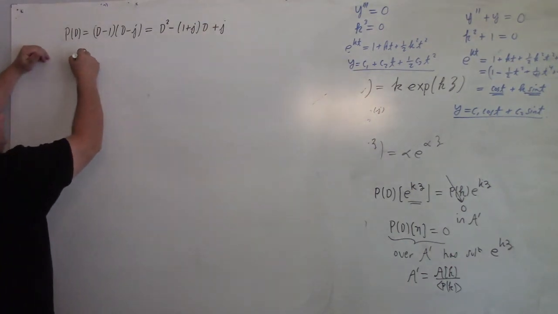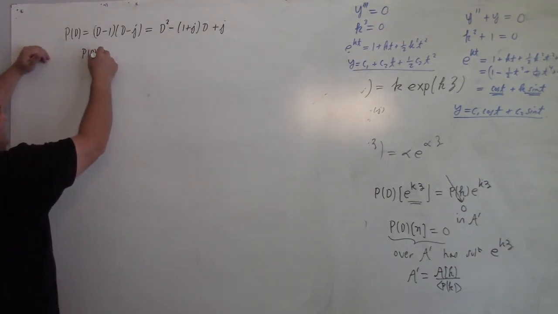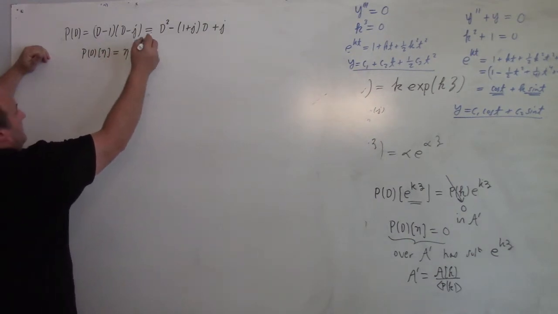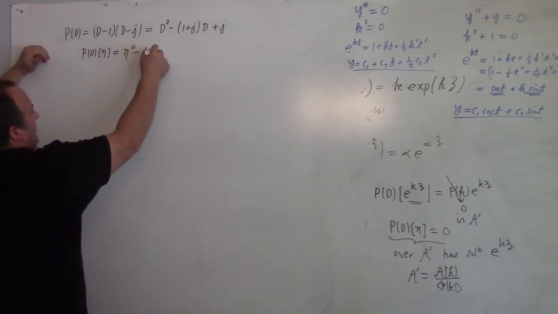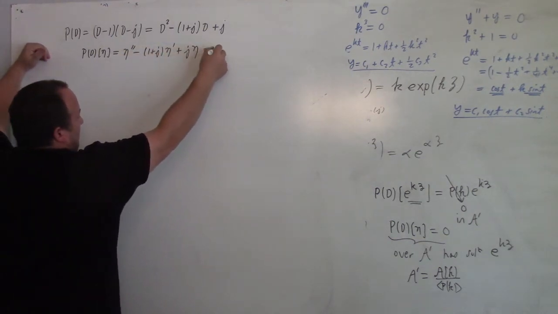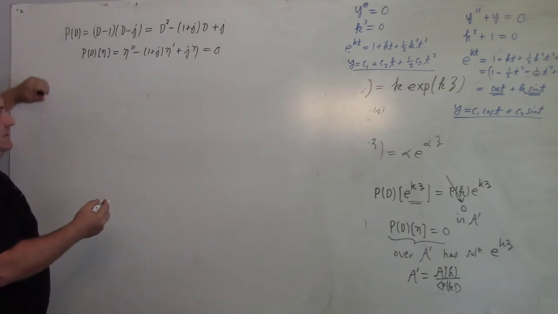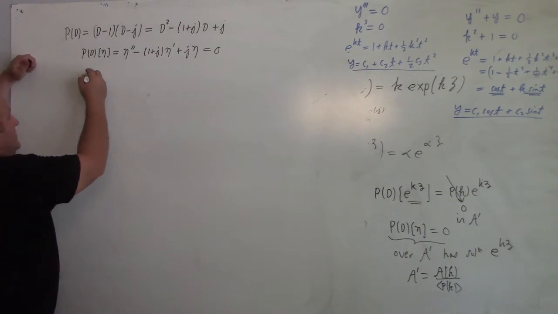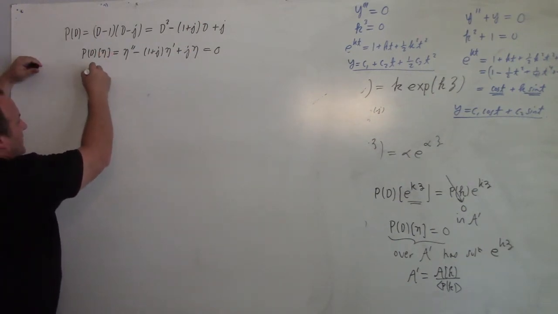So we're looking at solving P of D eta equal to eta double prime minus (1 plus j) eta prime plus j eta equal to 0. That's the differential equation we're studying. So the extension algebra technique says you look at e to the kz, let's say.